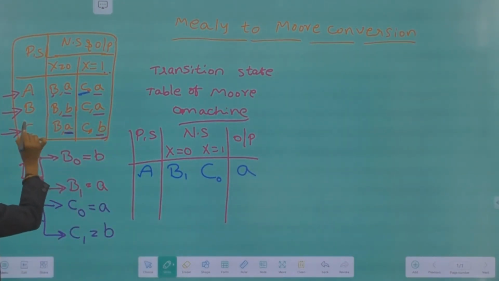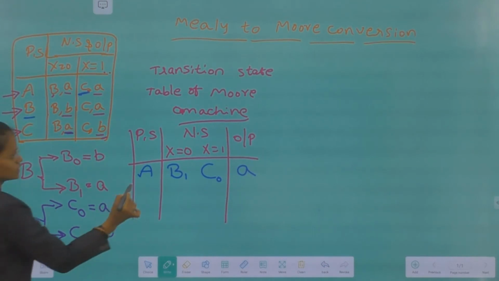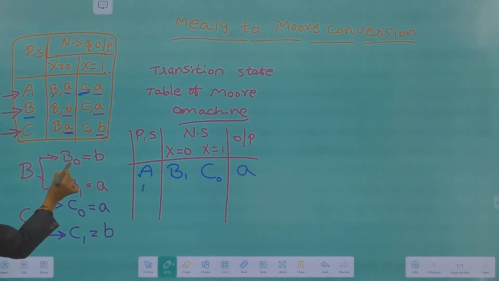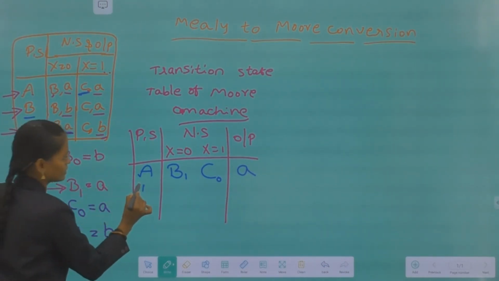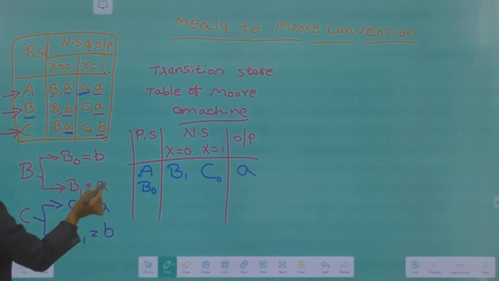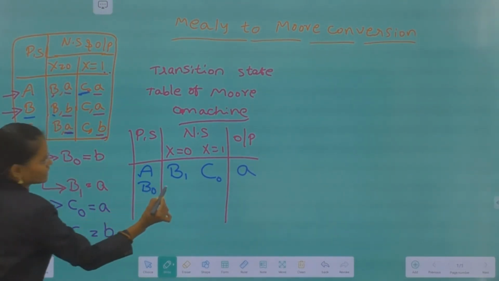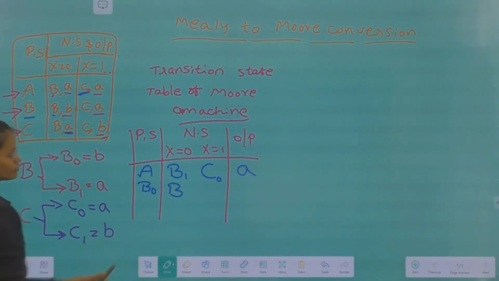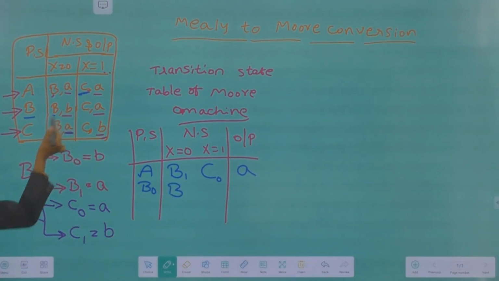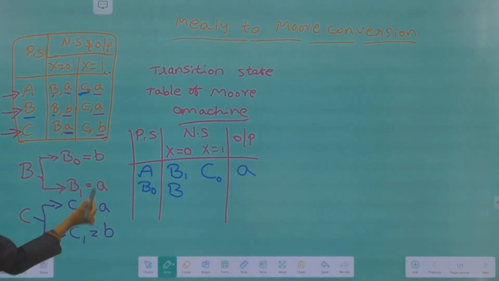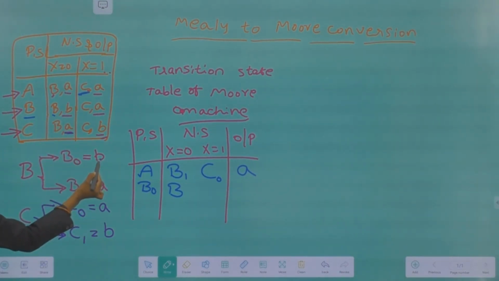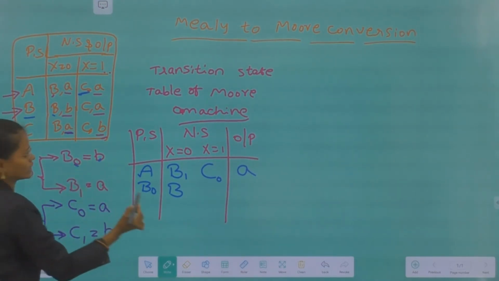Okay. And next coming to the B state. Here B is divided into 2 types, B0 and B1. B0 is the present state. Okay. If x equal to 0, then the next state goes to B. First write down the B, then output is B. Okay, the output appears here as B. Corresponding to the next state is B0.